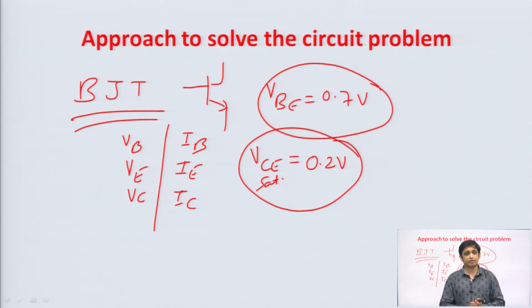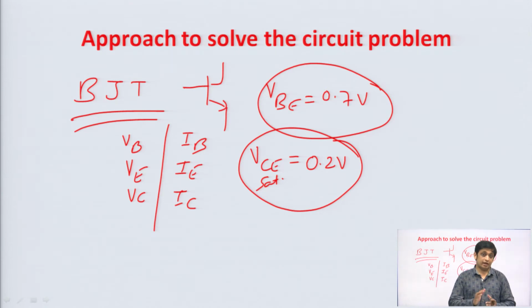For example, if the BJT is in active region, it means that the emitter base junction should be forward biased and the collector base junction should be reverse biased. It means that if the collector voltage is sufficiently larger than the base voltage, then of course the collector base junction will be reverse biased, that we will see.